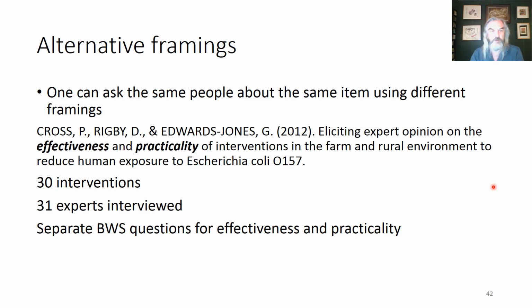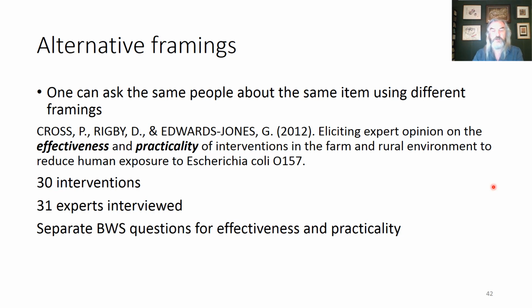This is a paper from colleague Dan Rigby and others from Manchester. This is about expert opinions, so about experts again. They've got two framings: the effectiveness and the practicality of interventions to reduce E. coli foodborne illness.